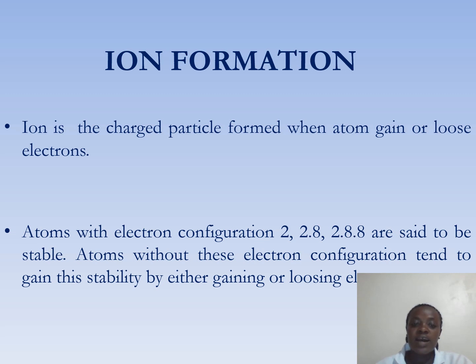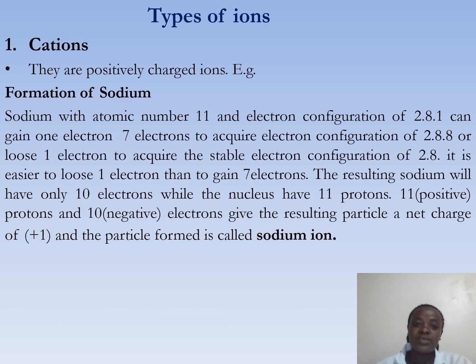All other atoms without these electron configurations tend to gain stability by either losing or gaining electrons, to form the electron configuration of either 2:8 or 2:8:8.